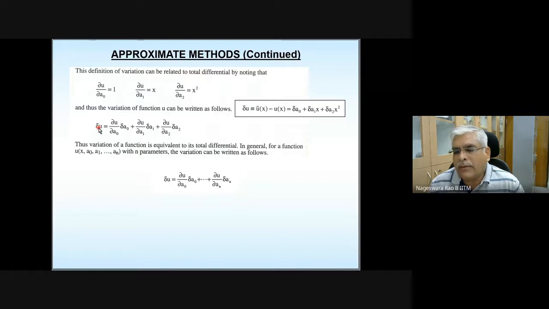Variation of that is nothing but partial derivative of that something in the bracket with respect to the unknown coefficient a0 multiplied by variation of a0. And similarly, partial derivative with respect to a1, multiplied by variation of a1, and so on.